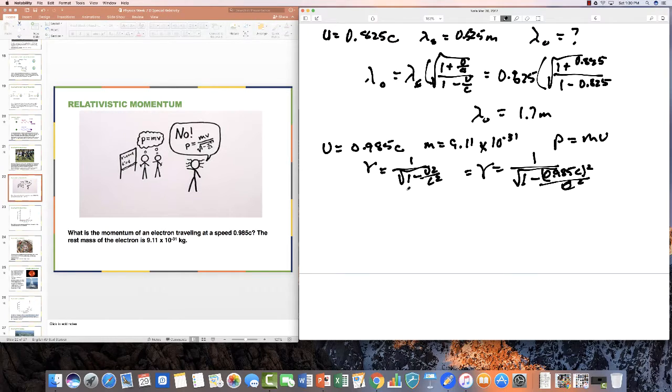Now we know that the real momentum, relativistic momentum, is gamma m u. So we can take this and multiply it by that.